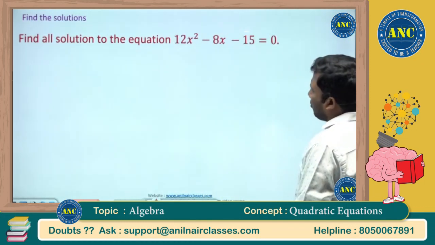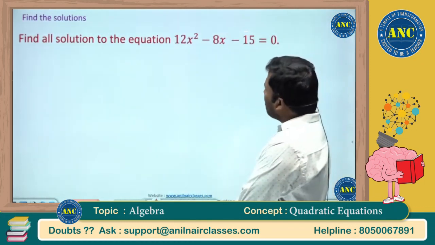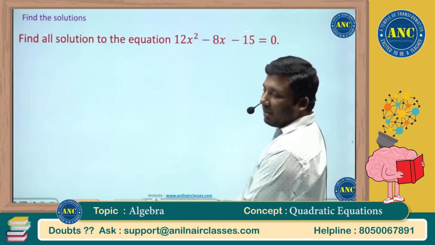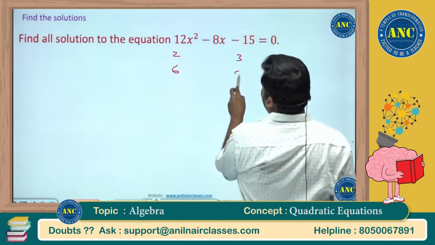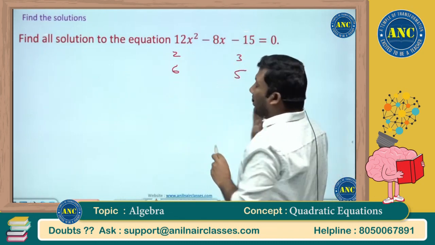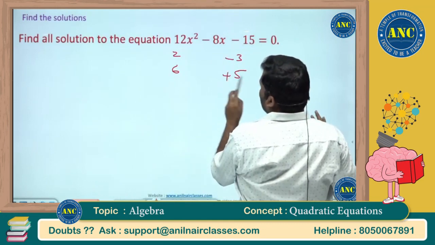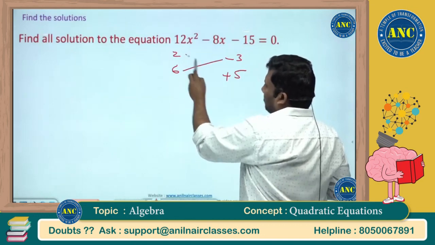Let us see this question. Find all the solutions to the equation 12x square minus 8x minus 15. 2 sixes are 12, 3 fives are 15, 5 twos are 10, 6 threes are 18. It is minus 18 plus 10, diagonal cross method.